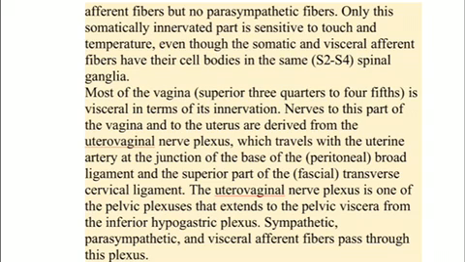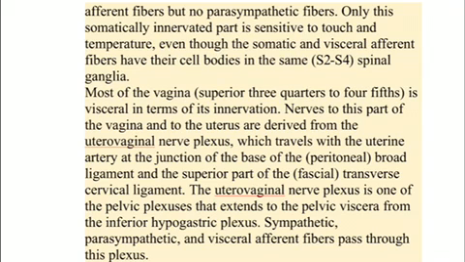Most of the vagina, that's the superior 3/4 to 4/5, is visceral in terms of its innervation. Nerves to this superior part of the vagina and to the uterus are derived from the uterovaginal nerve plexus. The uterovaginal nerve plexus travels with the uterine artery at the junction of the base of the peritoneal broad ligament.